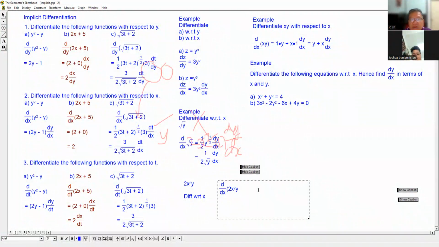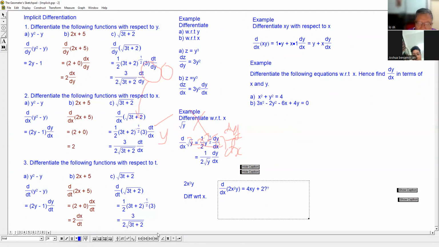You want to differentiate this. So you differentiate the first one, become 4x. Then the y, you don't differentiate, you just keep the y. Then next one, just now you differentiate the 2x squared. Now you don't differentiate. You put down 2x squared.